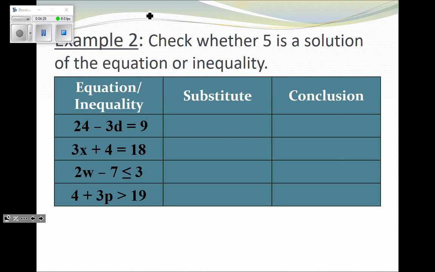Now, the second part of our lesson is about whether or not we can put in a number amount for our variable to determine whether or not it is a solution of the equation or the inequality. So for example, I have 24 minus 3d equals 9, and we are checking whether 5 is a solution to that.